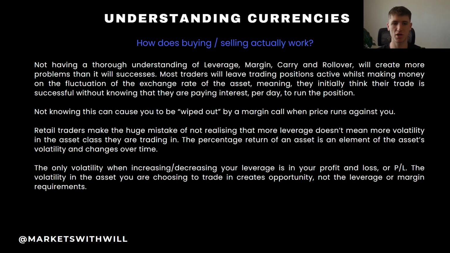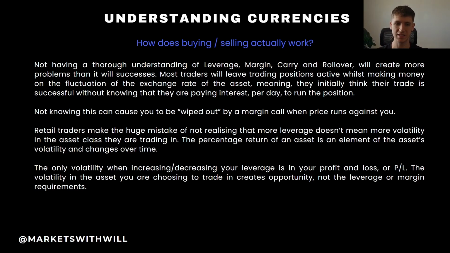Retail traders make the huge mistake of not realizing that more leverage doesn't mean more volatility in the asset class that they're participating in. The percentage return of an asset is an element of the asset's volatility and changes over time. The only volatility when increasing or decreasing your leverage is in your profit and loss, or P&L.